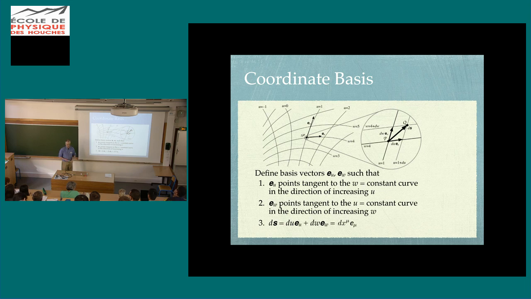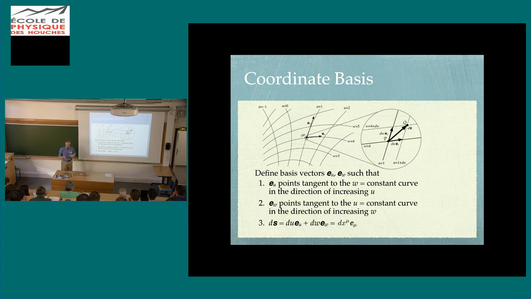So we're going to talk about being able to assign coordinates in a completely arbitrary way. And the only assumptions that I'm going to make are two basic ideas. One is that space-time is not so pathologically curved that you can't take a really tiny patch of it and call it flat.